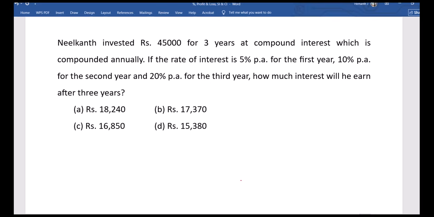You invested 45,000. What is the interest after 3 years? You do 45,000 into 105%, next multiply with 110, then multiply with 120. This will give the compound amount. Minus 45,000 will give the compound interest.